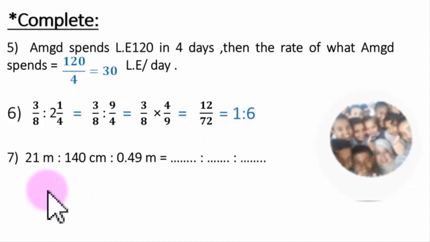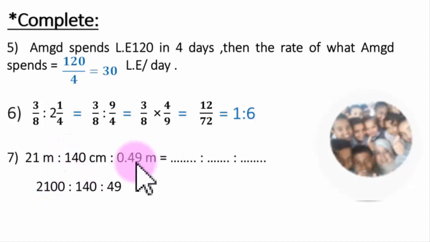Now we want to get the ratio between 21 meters, 140 centimeters and 0.49 meters. How can we do that? Don't forget to convert these meters to centimeters. 21 times 100 equals 2100 centimeters. Write 140 as it is and multiply 0.49 by 100 to convert meters to centimeters.